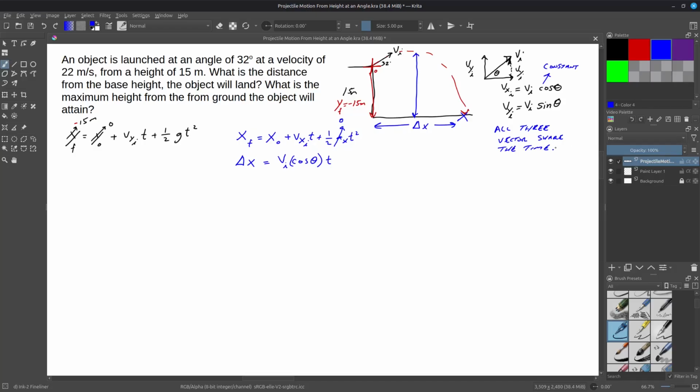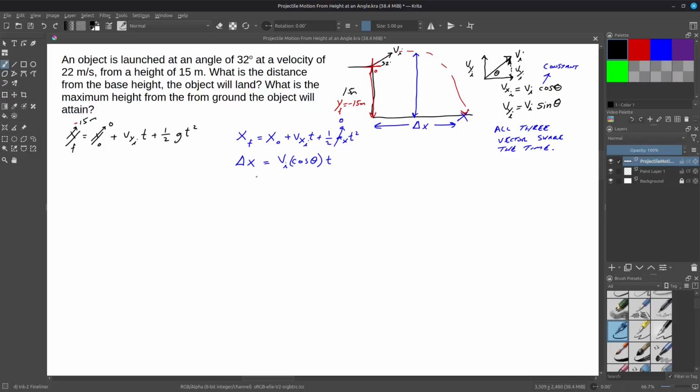Now, you can slow down the video, you can pause as I now start trying to solve this. The cool thing here is we're going to find time, and time is for the total air time, total flight time for this object. So in this case, let's go and look at this quadratic equation. See, the other one, we have two unknowns. We don't know the distance for the x direction. We don't know the time.